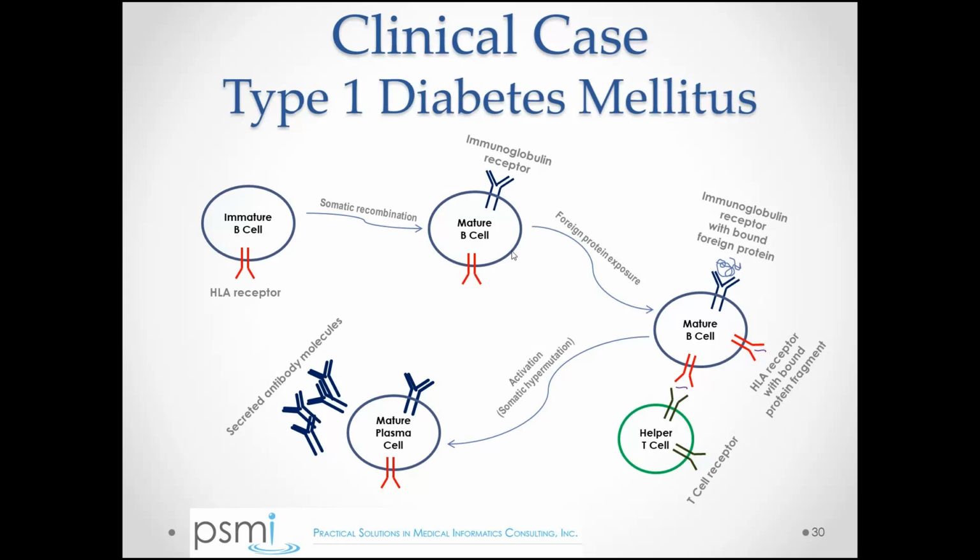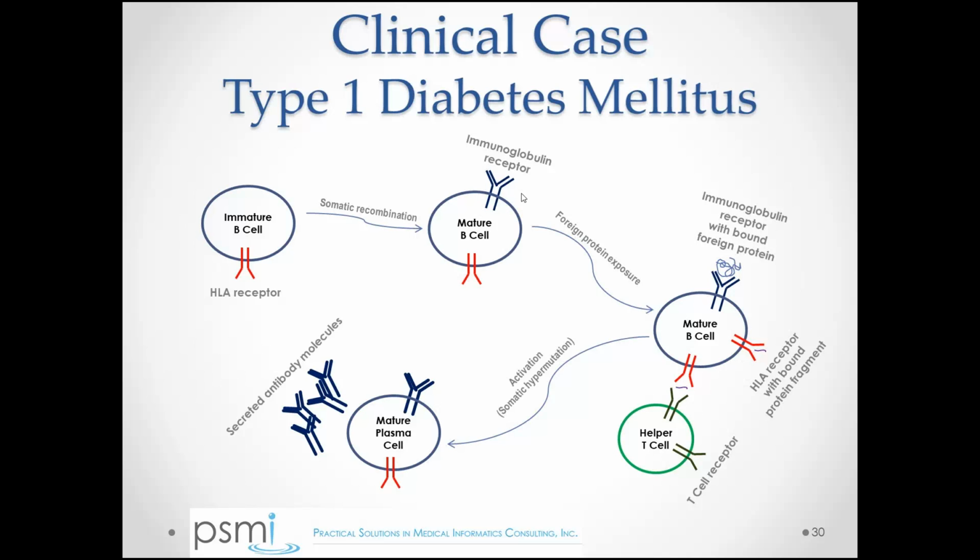Now you wind up with this mature B cell that has an immunoglobulin receptor, and it's sitting there, for instance, in a lymph node, waiting to be activated. Activation occurs when that mature B cell is exposed to a foreign protein, and the immunoglobulin receptor binds to the foreign protein. It's estimated that for an arbitrary foreign protein, about 1 in every million B cells can bind to it.